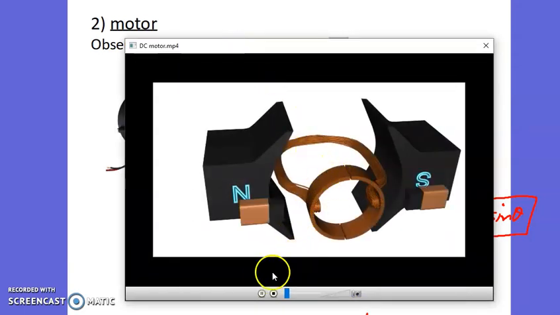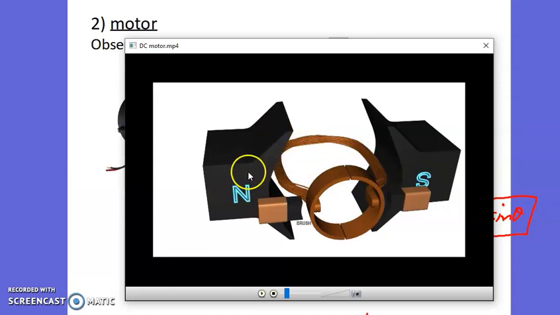That's the principle here. We have here the flat coil. Clear? This is the flat coil which lies in the magnetic field between the poles N and S. Now look at the brushes which allow the electricity to transfer from the battery to the coil, or in the case of an AC generator, from the coil to the external circuit.